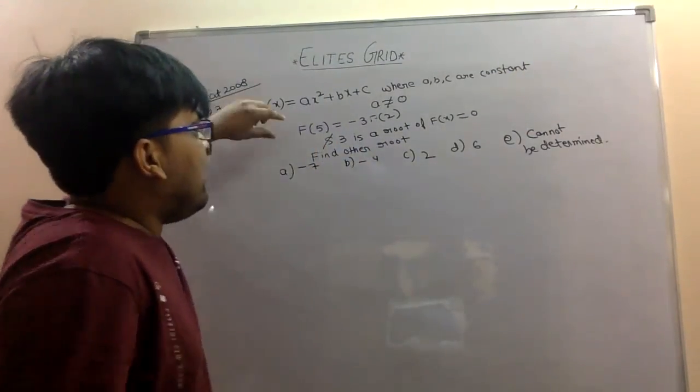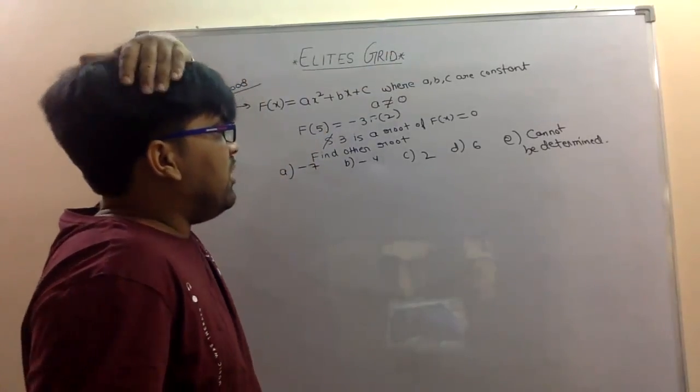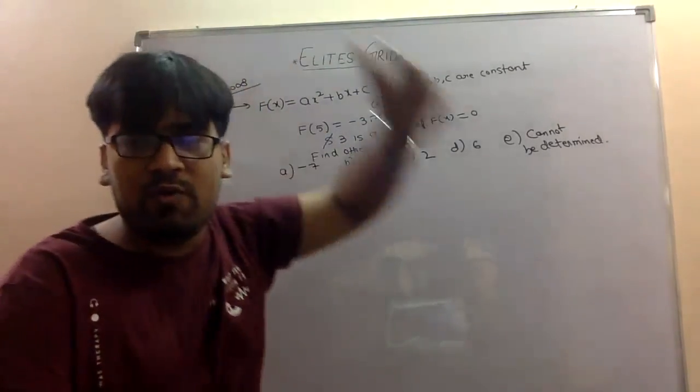Okay, and f(5) is equal to minus 3 f(2), and 3 is the root of this particular equation, and we want to find the value of the other root.